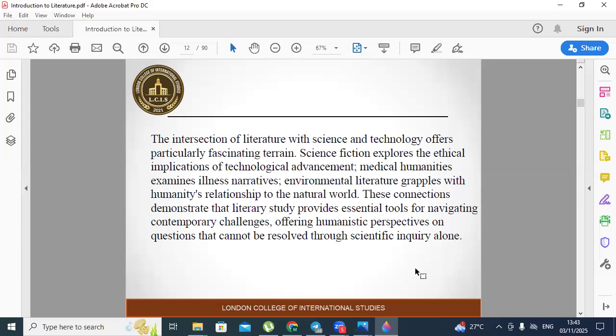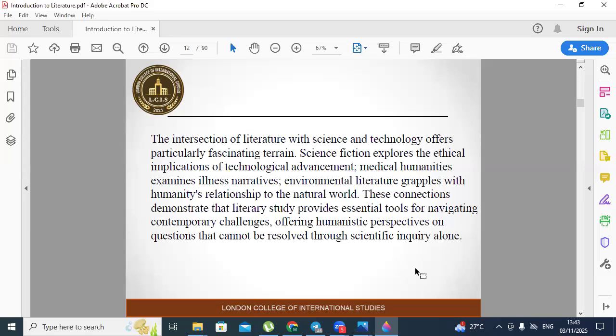Medical humanities examines illness narratives, how people experience, understand, and communicate about disease. These narratives reveal aspects of illness that medical textbooks miss: the emotional journey of diagnosis, the social isolation of chronic illness, the existential questions raised by mortality.